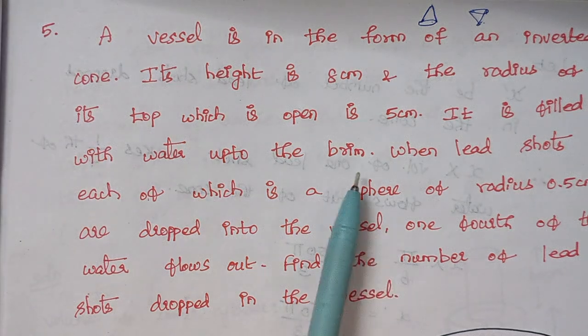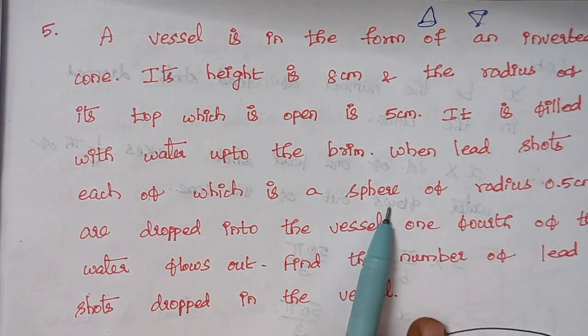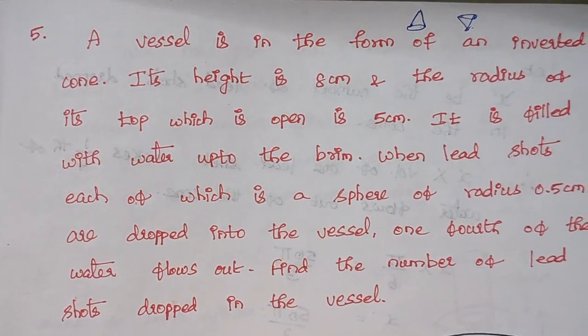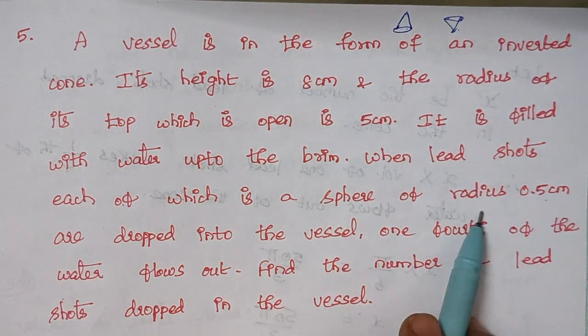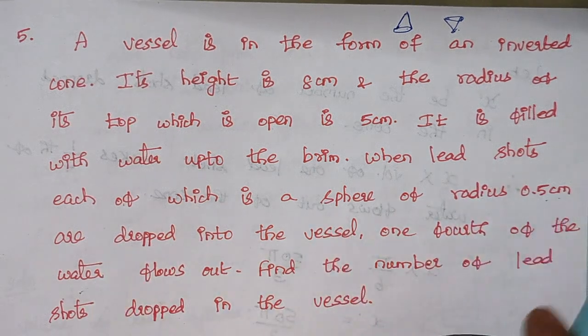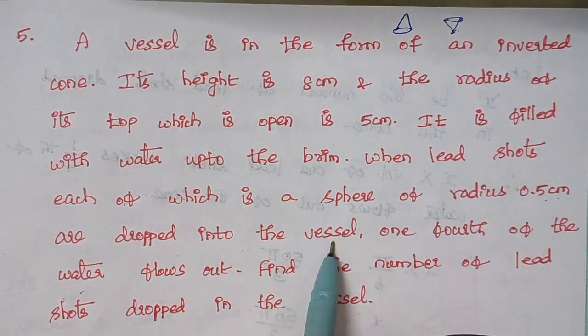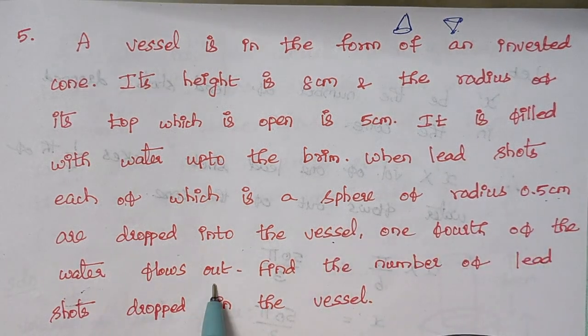Now we are dropping lead shots, spheres whose radius is 0.5 centimeter. When the lead shots are dropped into the vessel, 1/4 of the water flows out.